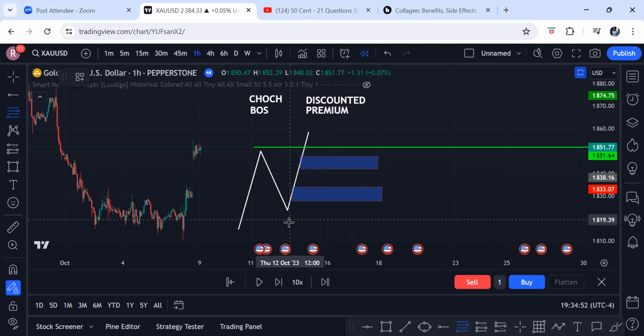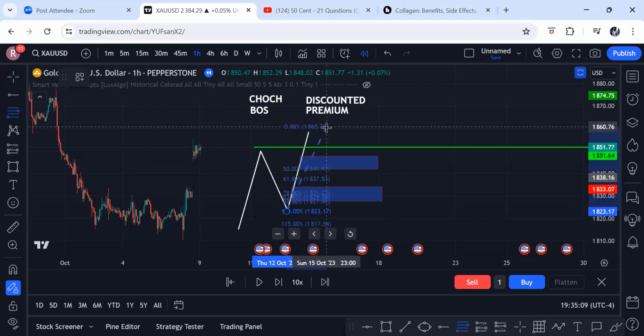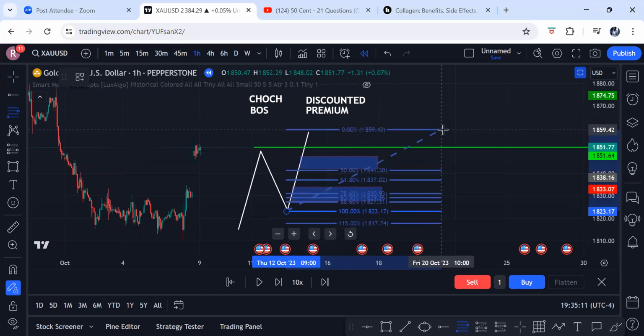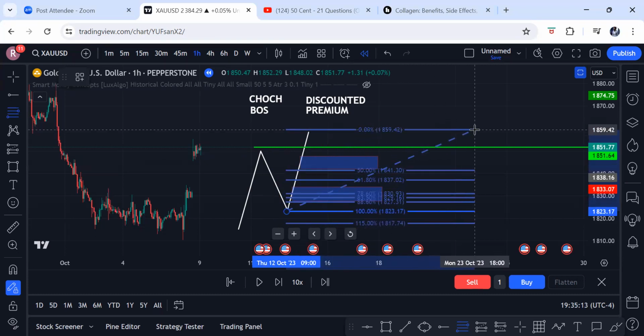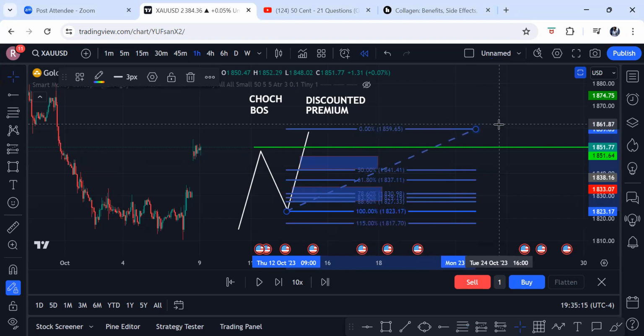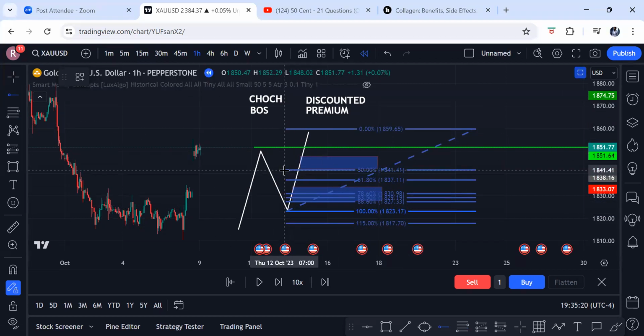All we want to see is how much of this move up price is going to retrace. That's what it's called, a Fibonacci retracement tool. We're measuring how deep price can retrace. So let's say, for example, anything here that is below the 50%.